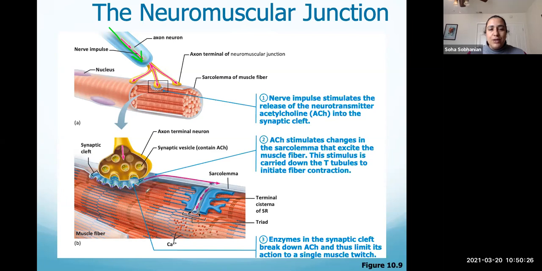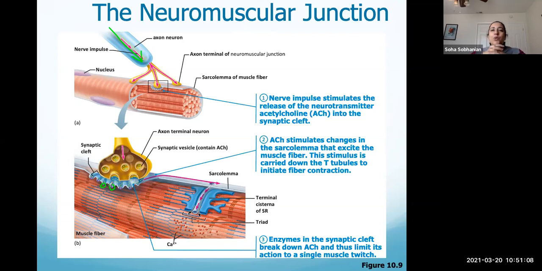The ACH neurotransmitter binds to these channels called sodium-potassium channels. You see them as these little purple structures right here. And that causes the sodium and potassium channels to open up and allow lots of sodium to come in, and little potassium to get out. This change of ions creates an electrical impulse inside my muscle cell.